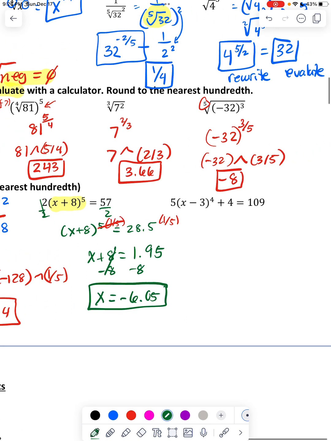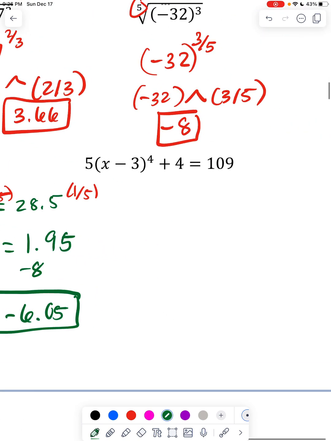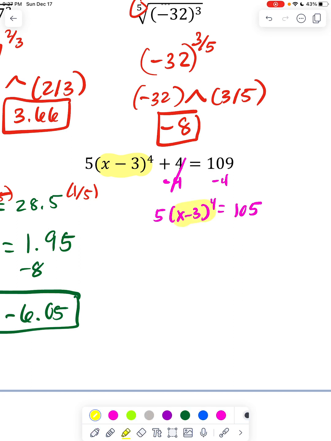Okay, this last one has a few steps to get the x part alone, because I'm trying to get this part that's to the power alone. I'm going to start by subtracting 4 over to the other side. Now over here I have a 105. I'm still trying to get just this part alone, so to get rid of the 5, I'm going to divide it out here and here.